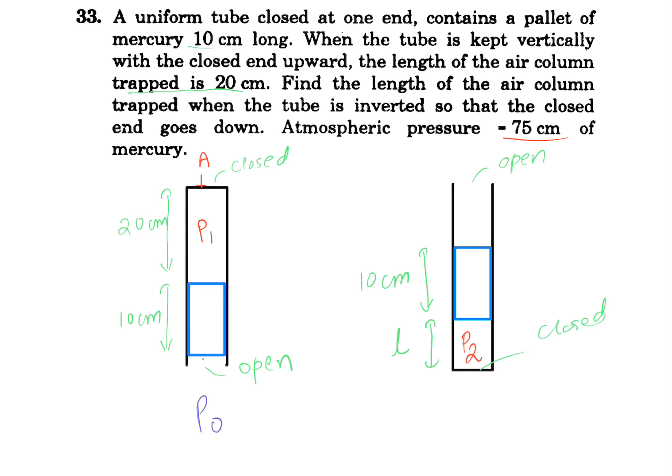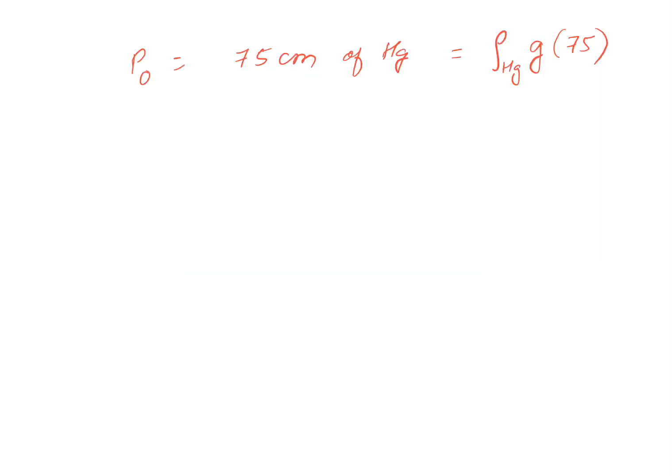Outside pressure is P0. So pressure at this point is P0. As you go up through the mercury, pressure will decrease and pressure here will be P1. So P1 plus, as I go down, rho GH will be equal to P0.